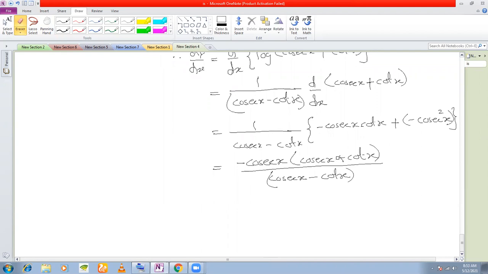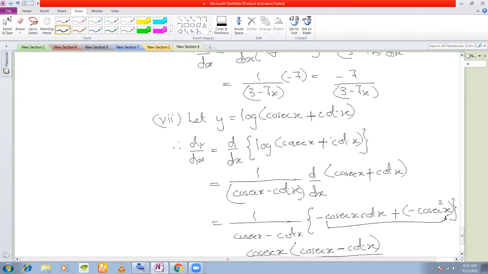If you take minus cosec common, you get cosec plus cot. In the denominator also, this is cosec plus cot.